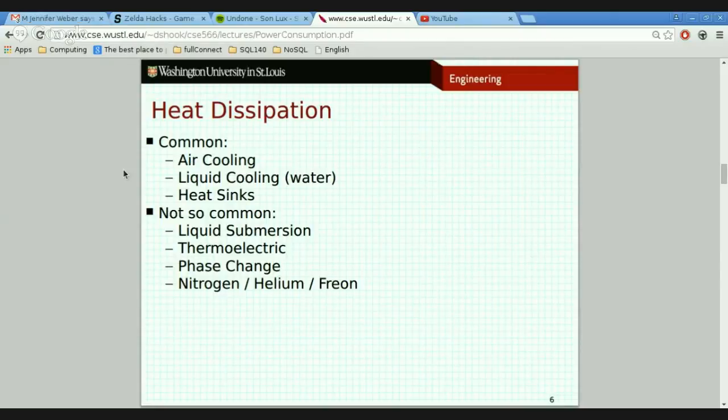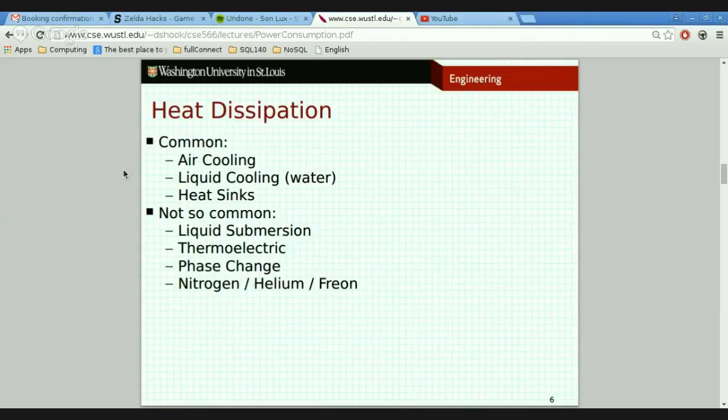What I would like to talk to you about actually though are some of the more uncommon techniques for heat dissipation. So we won't talk about all of these in detail, but we will talk about a few of these. So liquid submersion is a very interesting one, actually taking a computer and submersing it in a liquid of some sort. I do have some examples of that I want to talk to you about in just a few minutes.